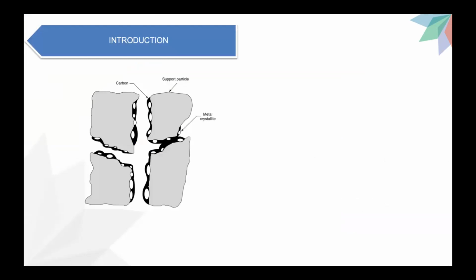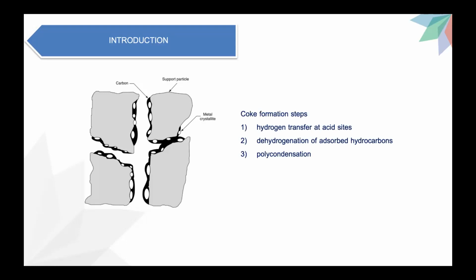Coke formation proceeds through chemical steps, but also involves the retention of coke species in the pore and on the external surface of the catalyst. It is generally accepted that coke formation follows three steps. Step 1, hydrogen transfer at acid sites. Step 2, dehydrogenation of adsorbed hydrocarbons. And step 3, polycondensation.